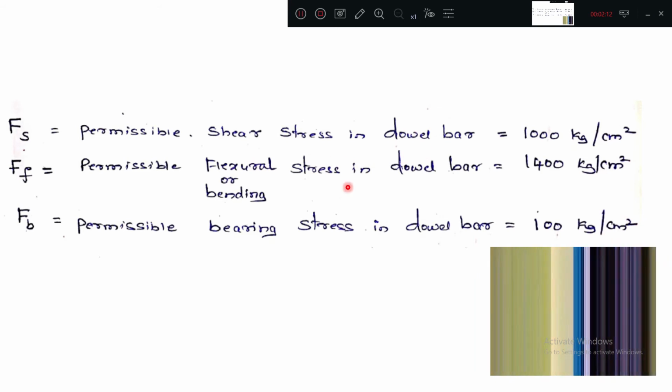Fb, the permissible bearing stress in the dowel bar, generally 100 kg per centimeter square. These three values they should give: shear, flexure and bearing.